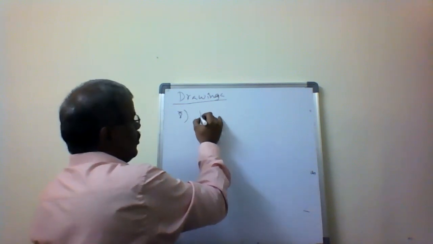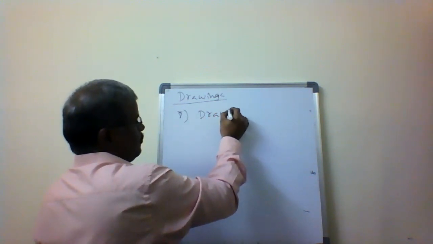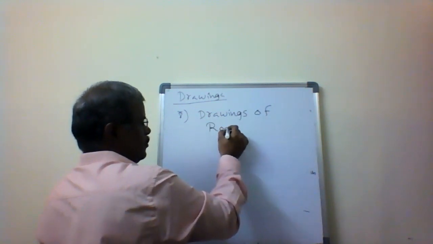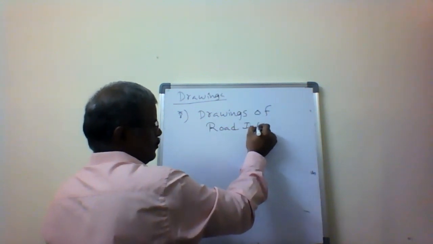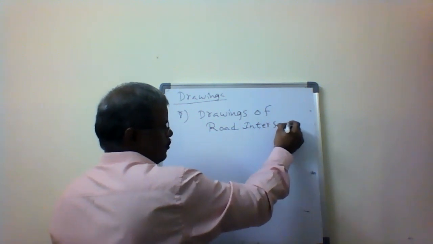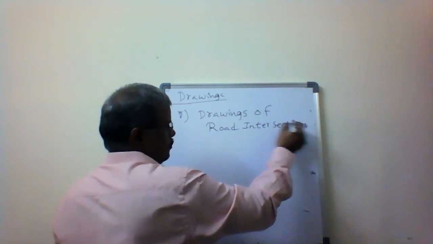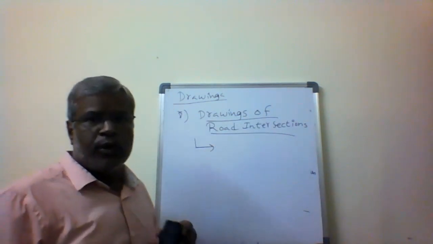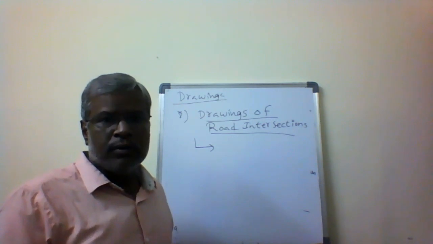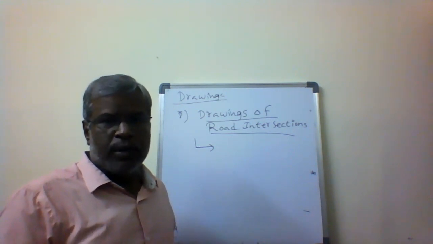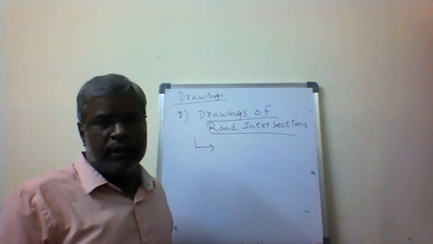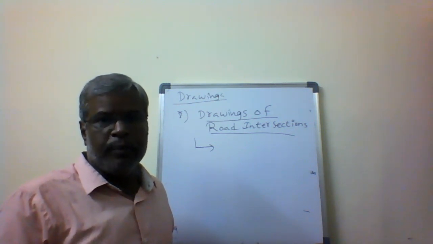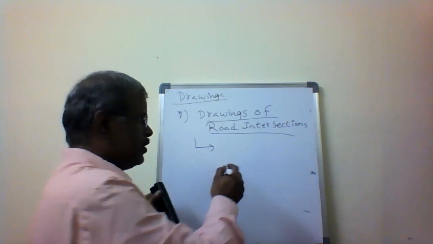Next, the drawings of road intersections for the proposed road alignment. If the road is going to be crossing another road, an intersection is going to come. What type of intersection are we going to provide? The plans and drawings will be prepared accordingly.